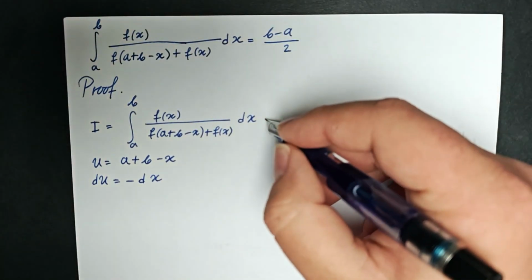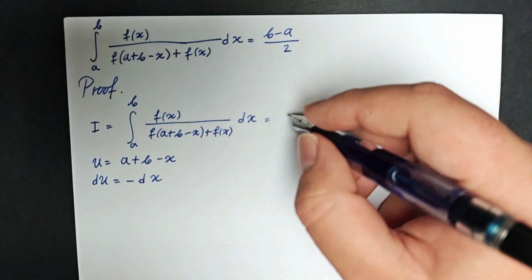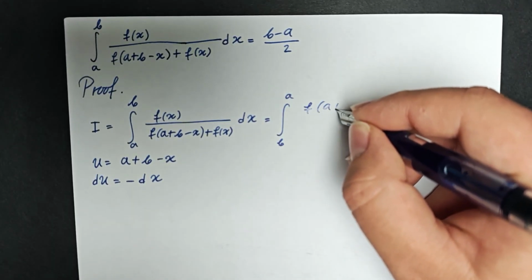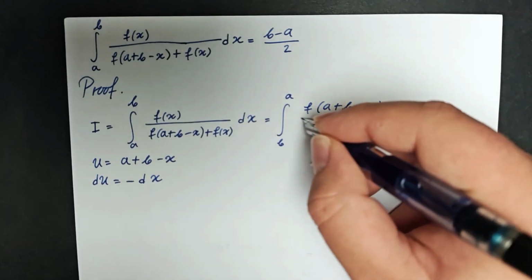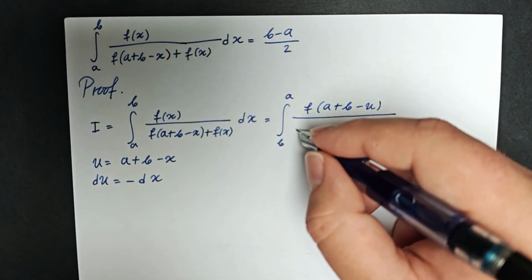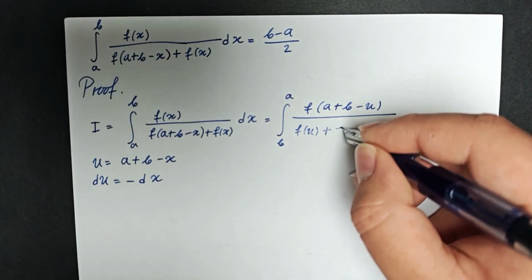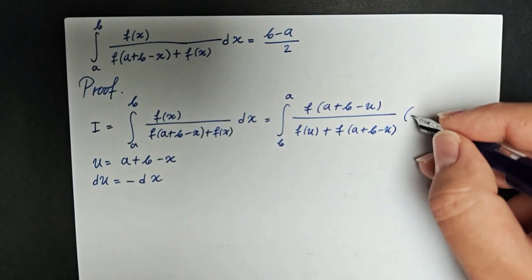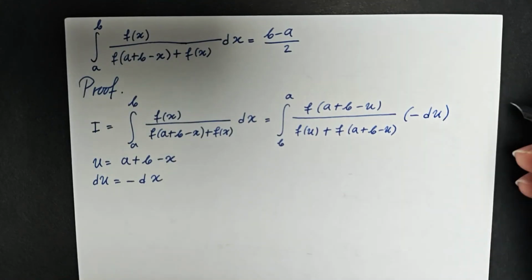The integral I is then transformed into an integral from b to a of f of a plus b minus u divided by f of u plus f of a plus b minus u, multiplied by the negative differential of u.